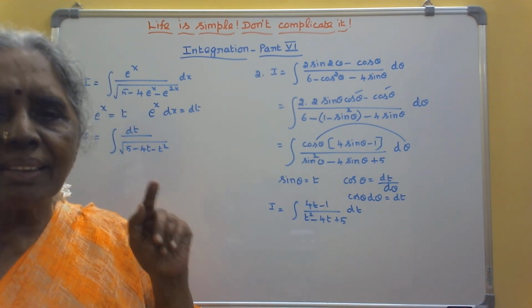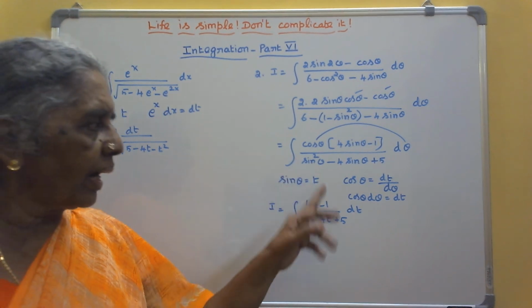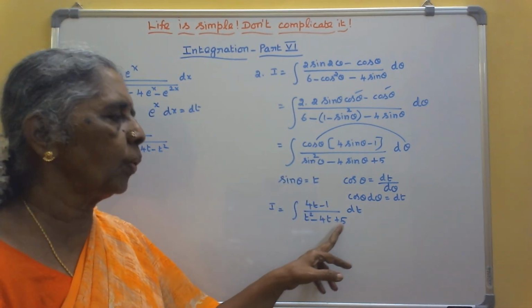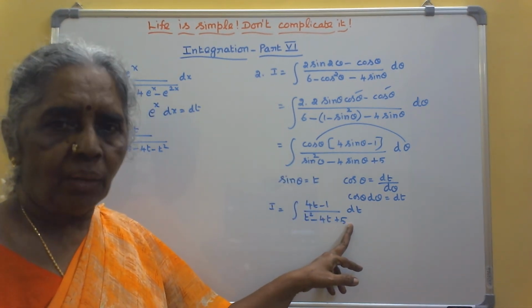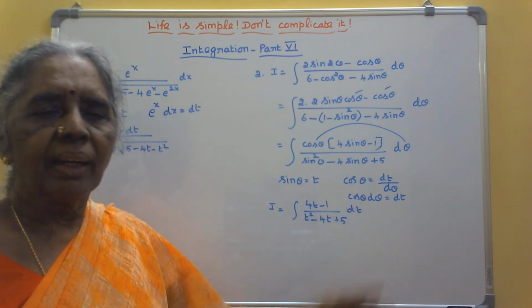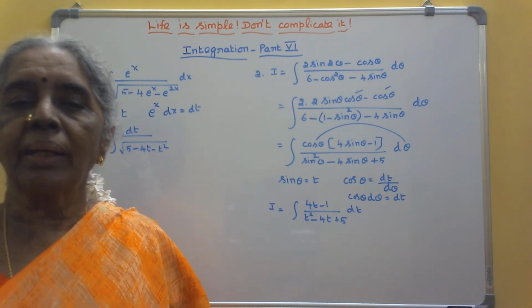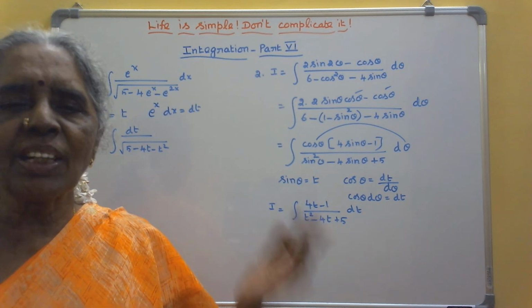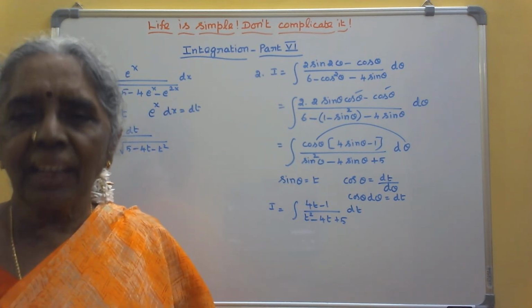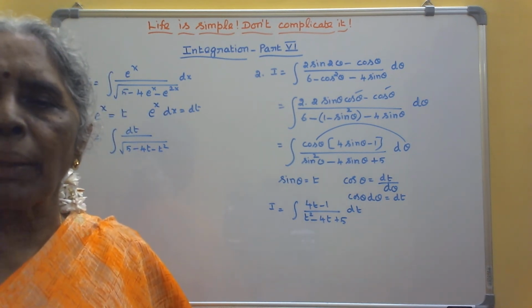D by dt of the quadratic, that is this t square minus 4t plus 5, plus b, evaluate a and b, get two integrals, first part substitution, second part completing the square method.